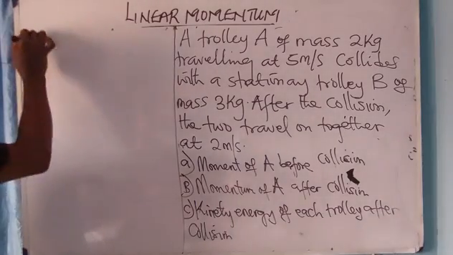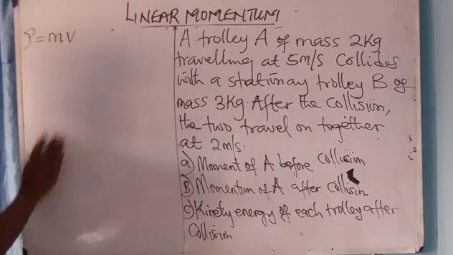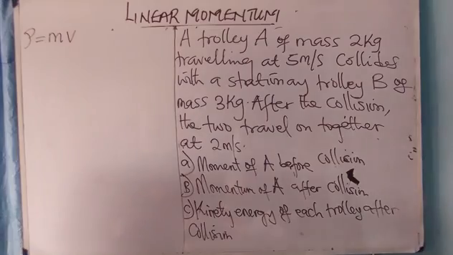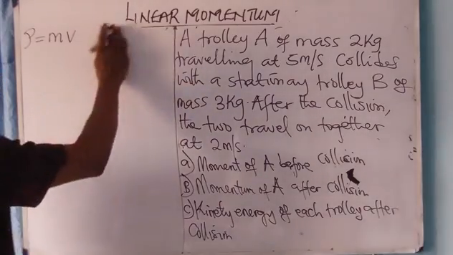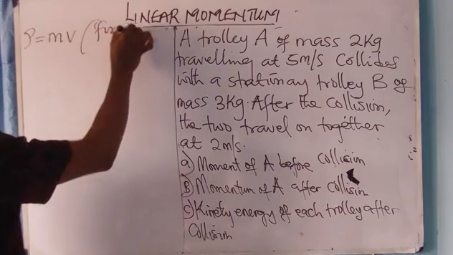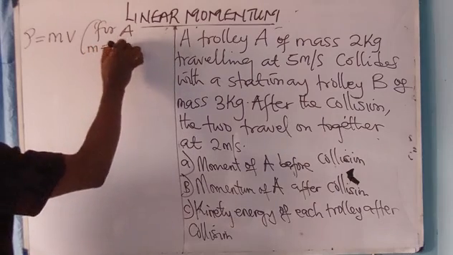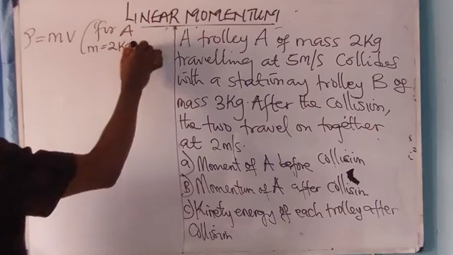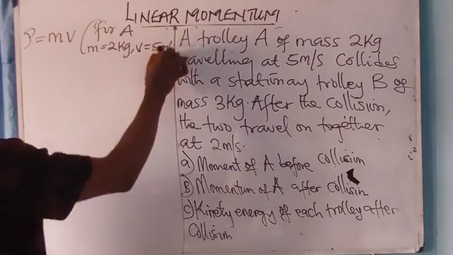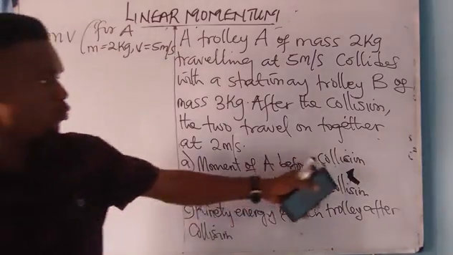Don't forget that I gave you that momentum equals mv. Now for A, the mass is 2 kg and the velocity is 5 meter per second. That is before collision.